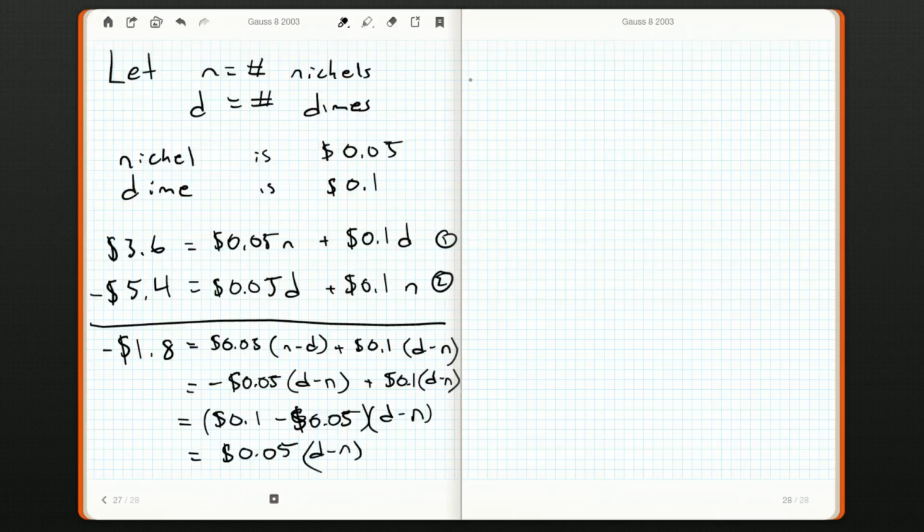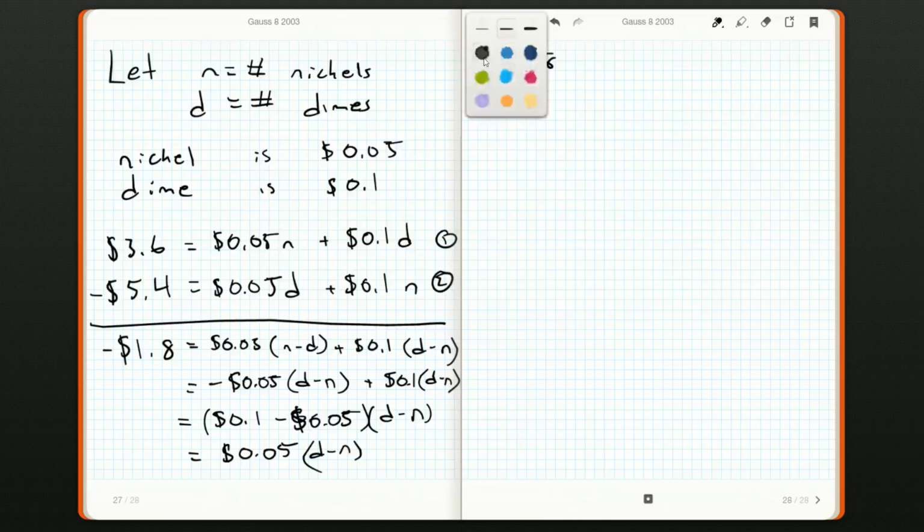What are we going to do here? Minus 1.8 divided by 0.05. That should be the same as my dimes minus my nickels.